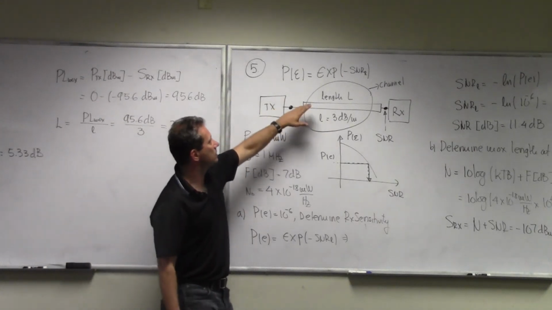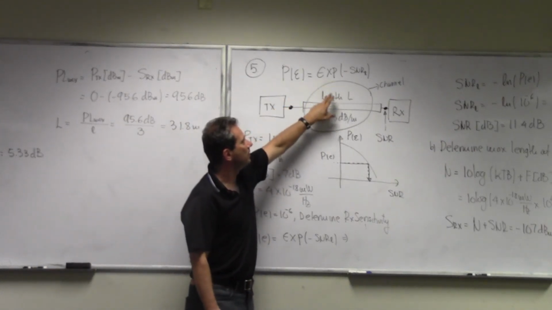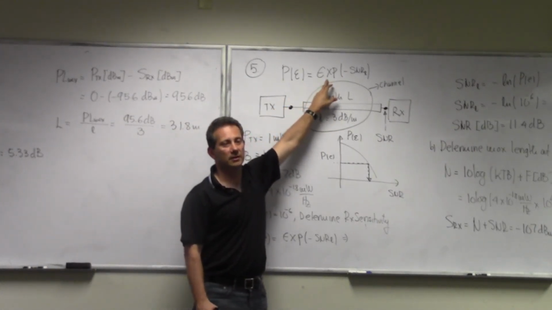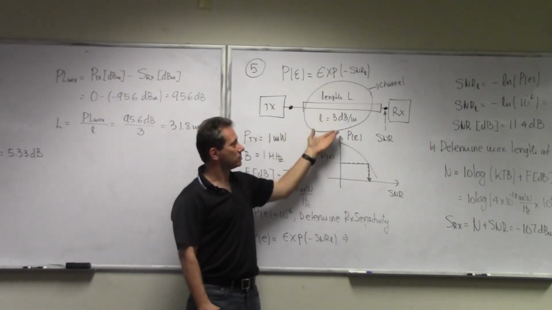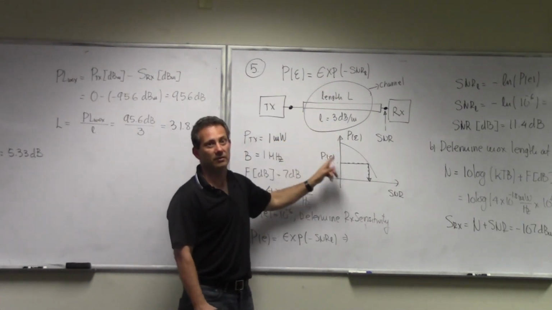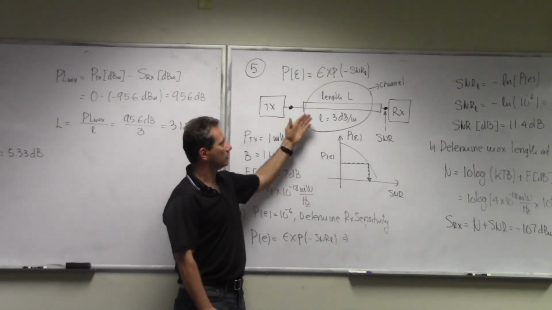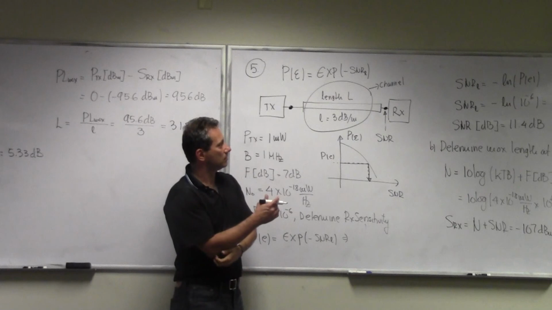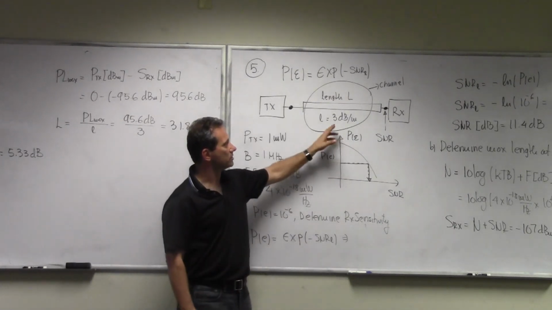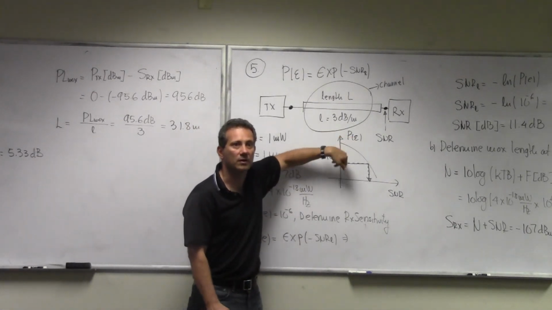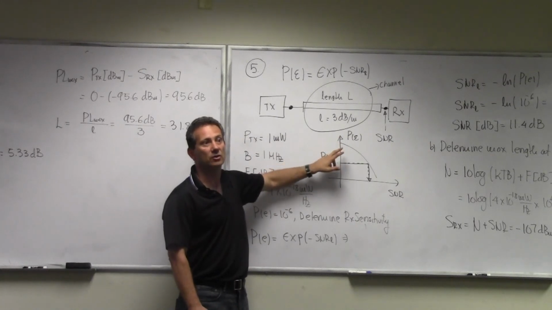Where this can change, for example, is that I might explicitly give you the waterfall curve, or I might put a drawing of it. A lot of times, depending on what kind of signal processing you have, you get different waterfall curves, and they may or may not include the coding.